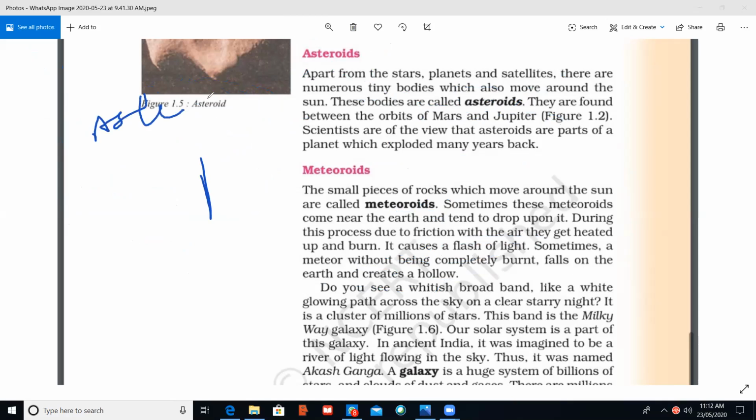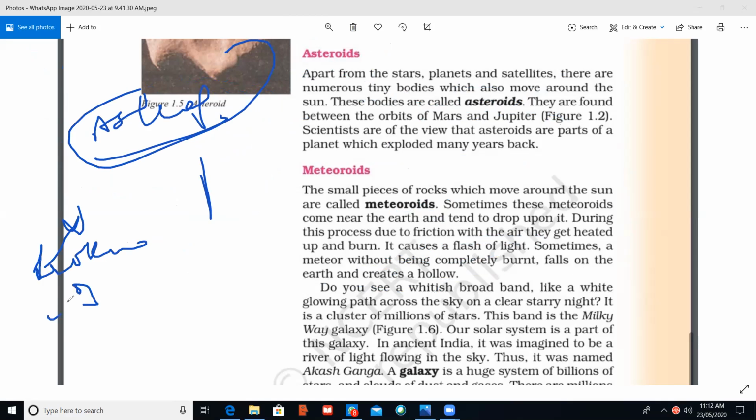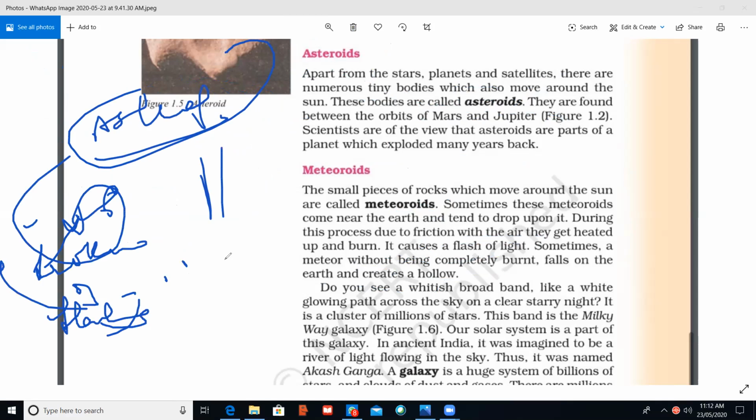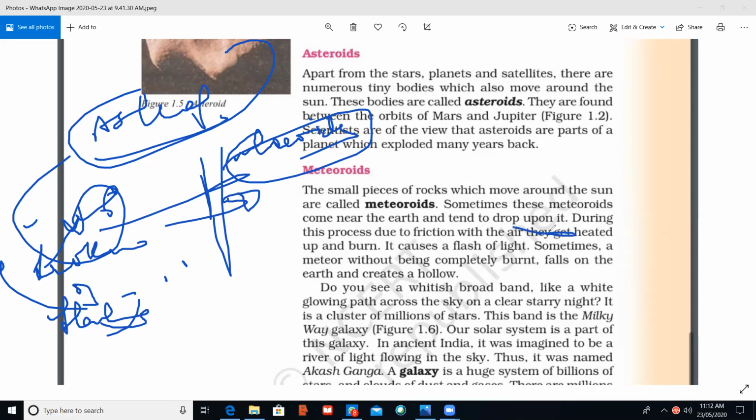Asteroids are the broken pieces of planets, right? When a planet explodes, these small pieces are called asteroids. Meteoroids. What are meteoroids? Meteoroids are the small rocks which tend to drop upon the earth.